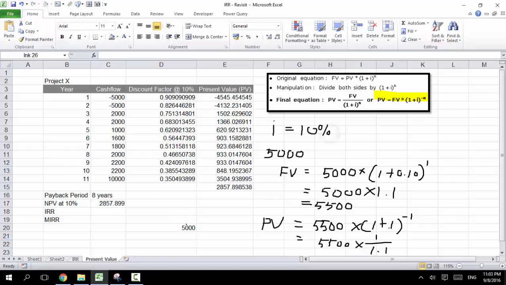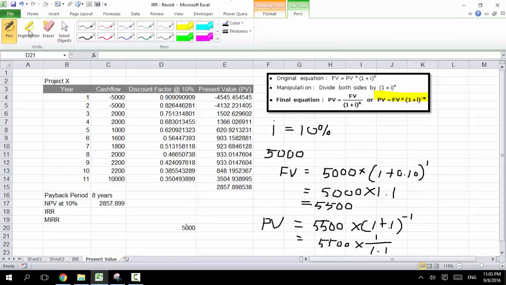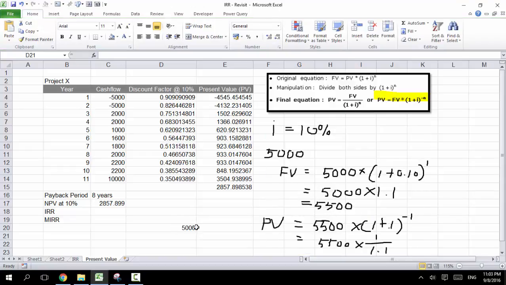See the point? So that is a present value, right? You have 5,500 in 1 year's time, but what does it mean in present value, in today's terms? It's actually equal to 5,000.